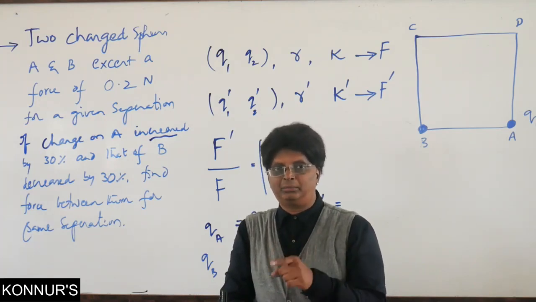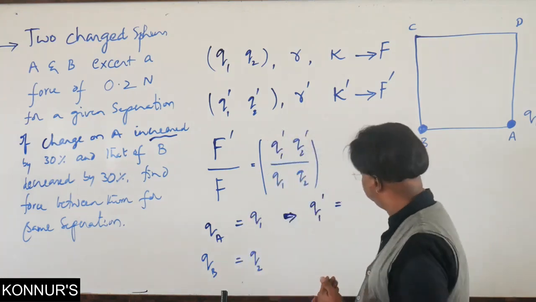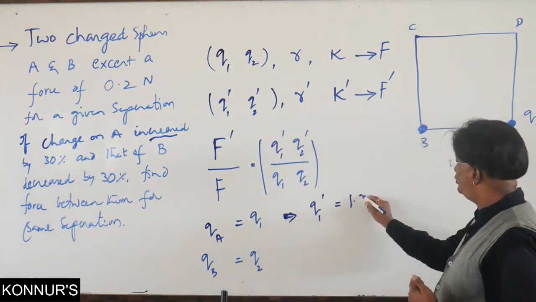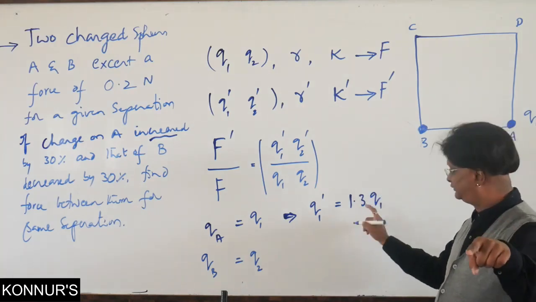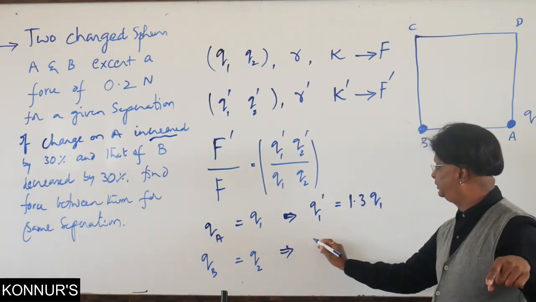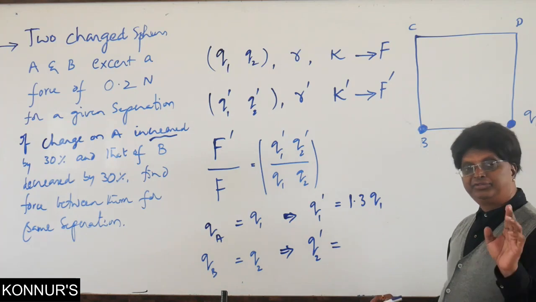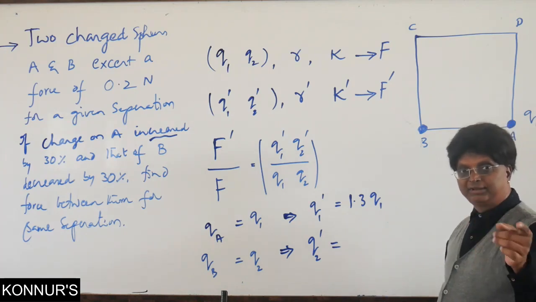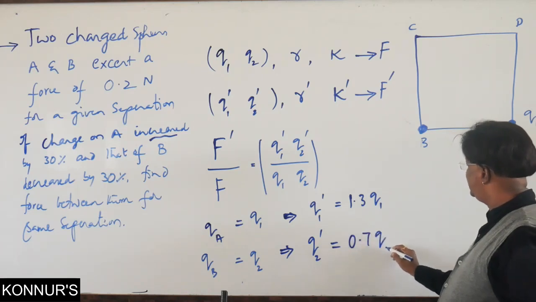Decrease means 1 minus. Remember, in first year we did all such things regularly in the classroom. Q1 dash is 1.3 Q1. Why 1.3? 30% increase. Similarly Q2 is said to be decreased. Therefore Q2 dash I will write as 1 minus 0.3, it becomes 0.7 times Q2.